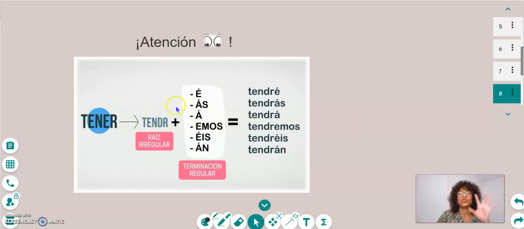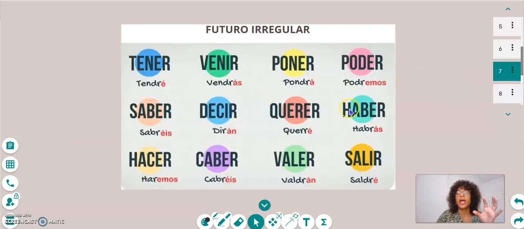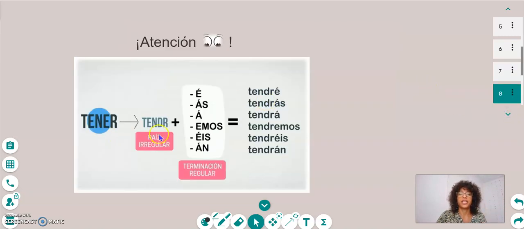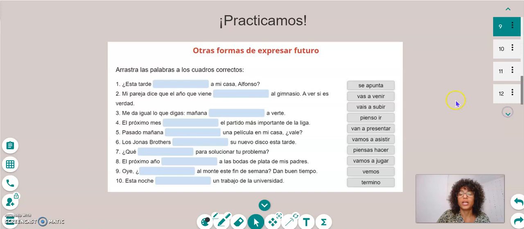So I have this one as an example, and then I ask them to pick any of the previous ones and conjugate them as they can see here, right? In that way, I make sure that they do understand.